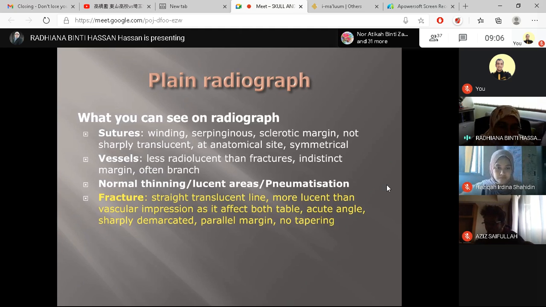Okay, so if we look at loosened lines on the skull radiograph, you really have to look at the linear lines to differentiate whether this is a real fracture or actually a normal appearance of suture or vessels.